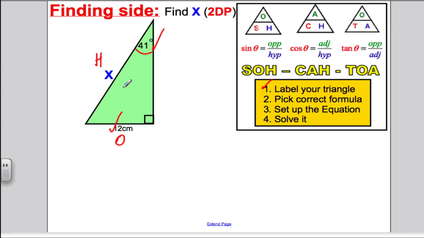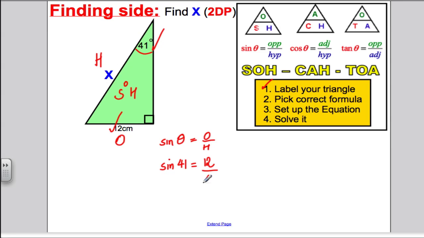Which of SOH, CAH or TOA has O and H? Well, SOH. So we write down that. Now what does SOH mean? It means sine of the angle is equal to opposite divided by hypotenuse. Okay, good. Let's substitute now. Sine of, well, what's the angle? 41 is equal to opposite, which is 12, divided by hypotenuse, which is x.